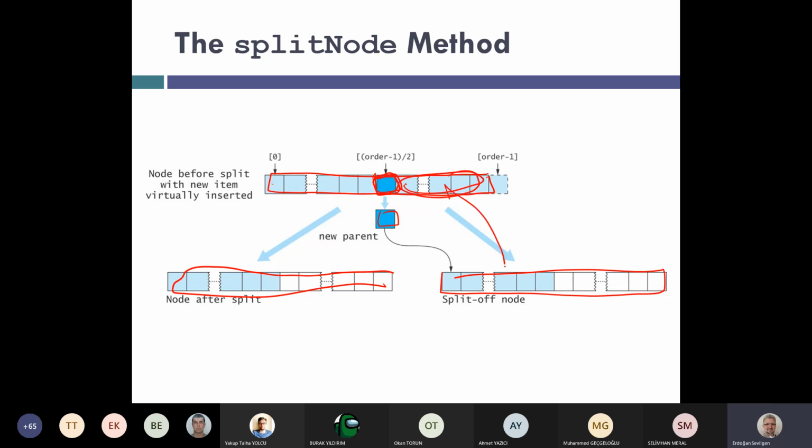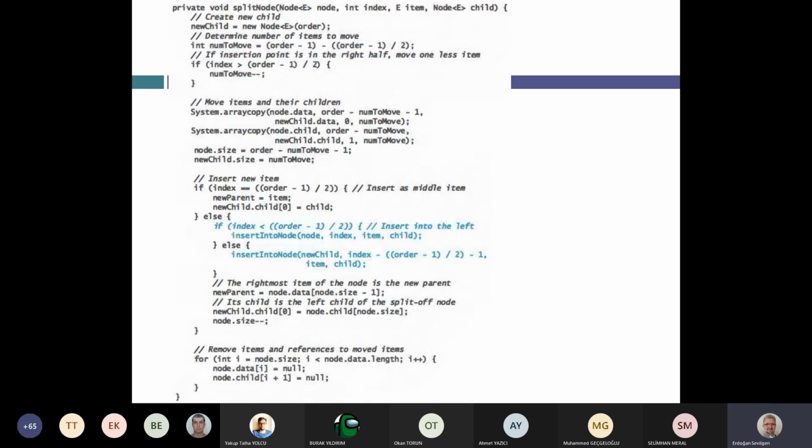Everything here is moved into this place, and we have another value to insert either here or here, right? And this new parent and new child will be passed to the parent. This is the algorithm. You have to carefully review this algorithm, this code. It is not too complicated, but you have to be careful.